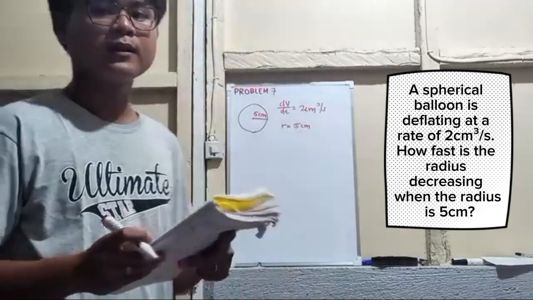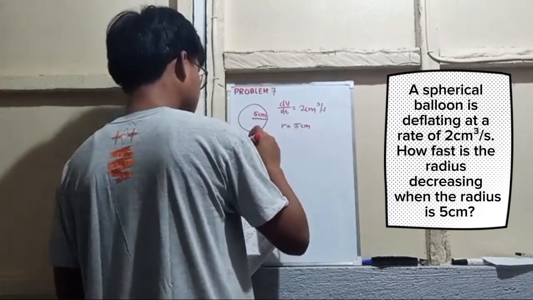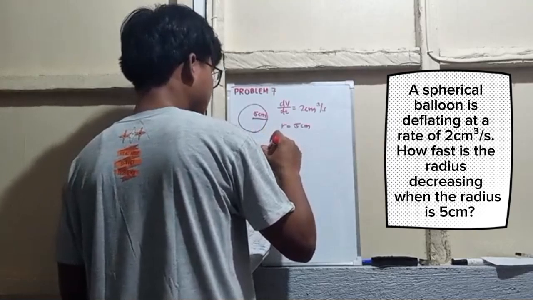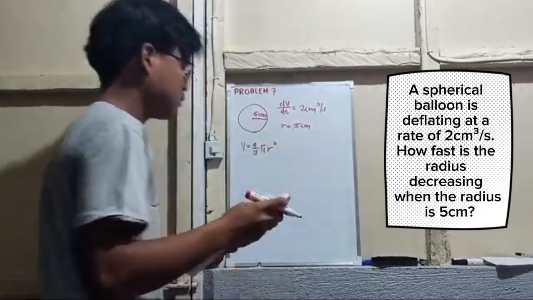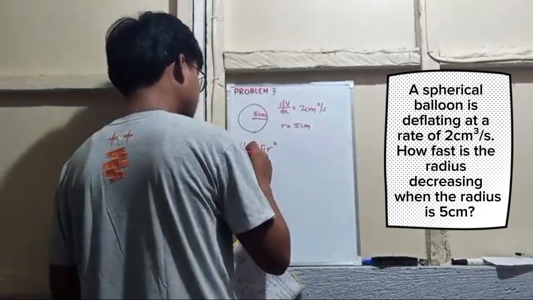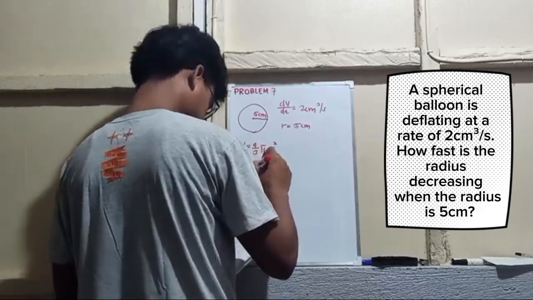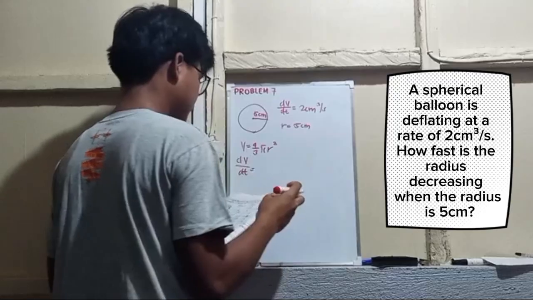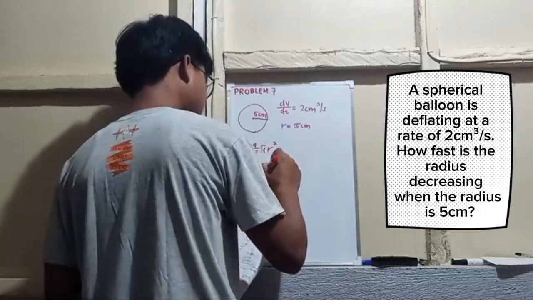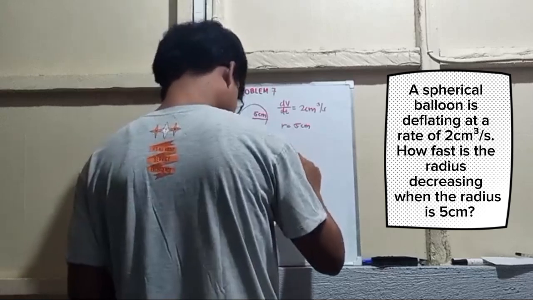So the volume of a sphere is equal to 4 over 3 pi r cubed. Now we'll differentiate the formula. So dV over dt is 4 pi r squared dr over dt.